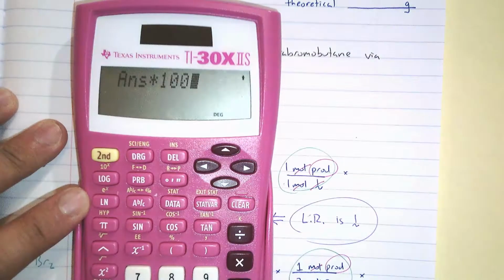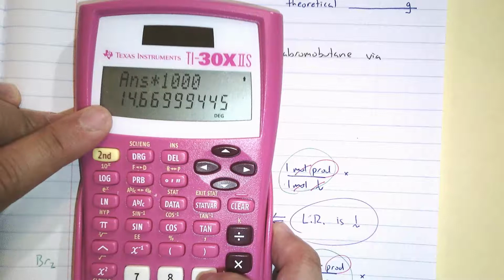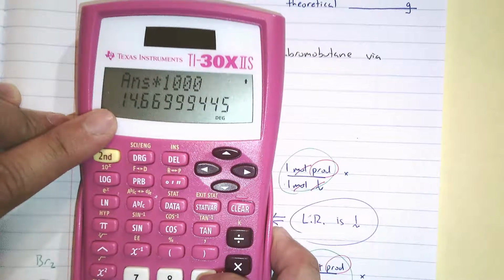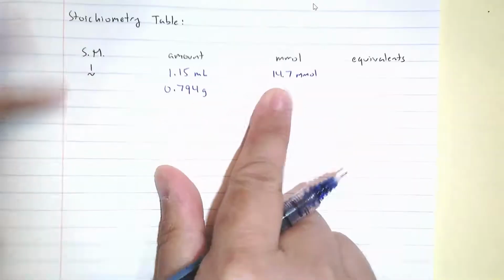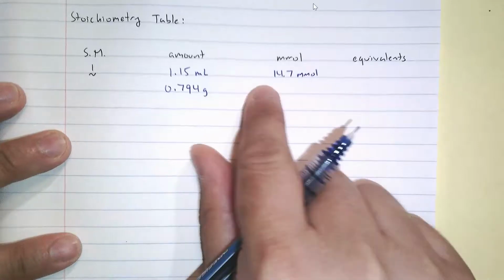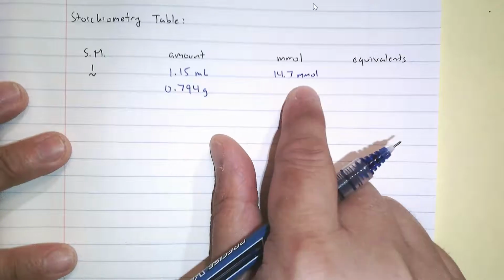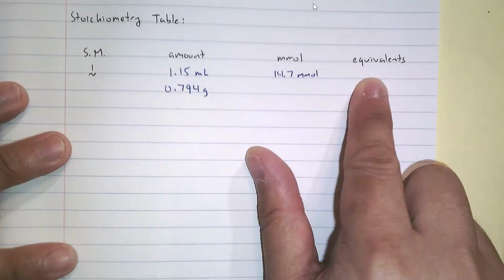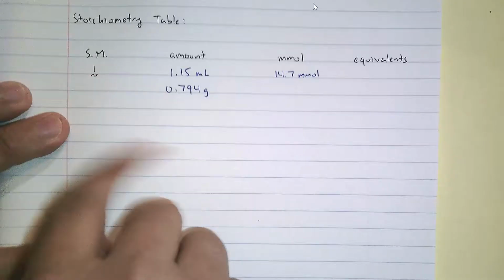Millimole is times 1,000, and it will give me 14.7 millimole. You could put mole if you want. It's just that you're going to have a lot of zeros typically, and I would just suggest that you convert it to millimole. We're going to leave equivalence until we figure out what's going on with the Br2.